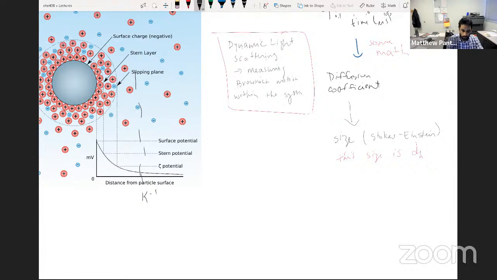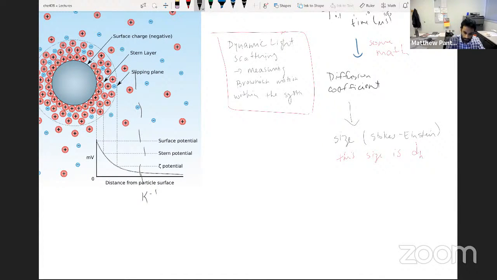The distance out to the slipping plane is typically within a few ionic diameters, like what's shown in this picture. Considering an ion is typically on the order of an angstrom or so in diameter, maybe 2, it's going to be a pretty short distance to the zeta potential. So it's going to be quite similar to the particle diameter, typically within less than a nanometer, but it's going to give you a slight overestimate of the particle size.